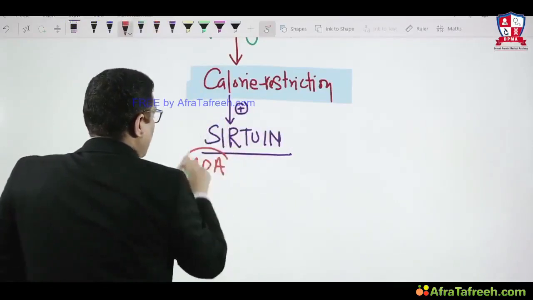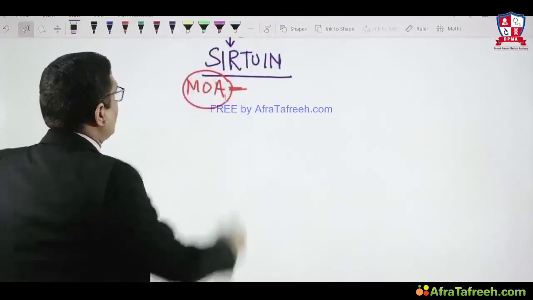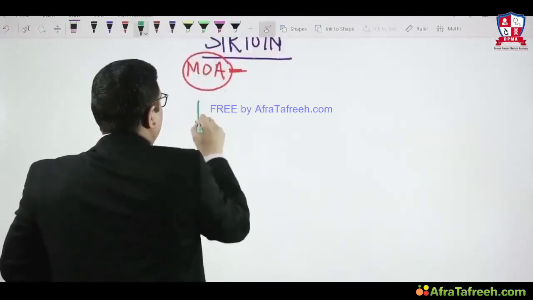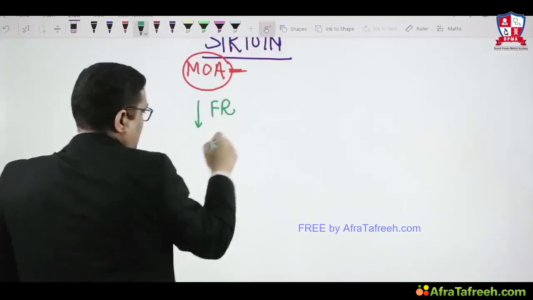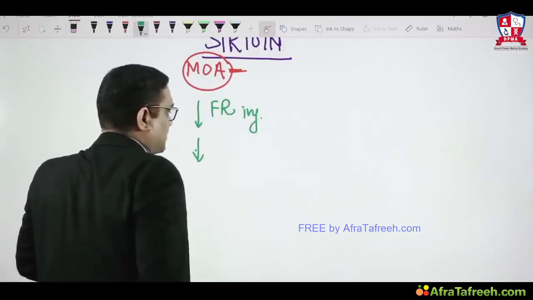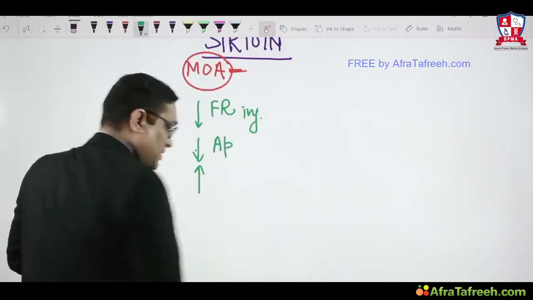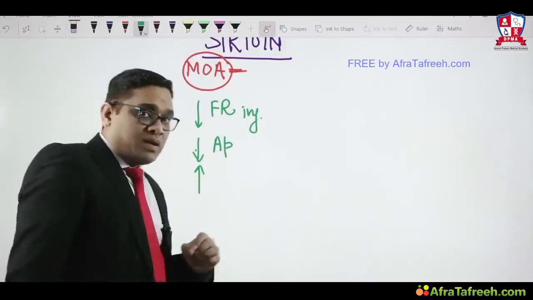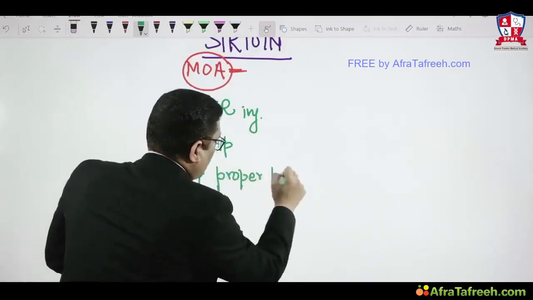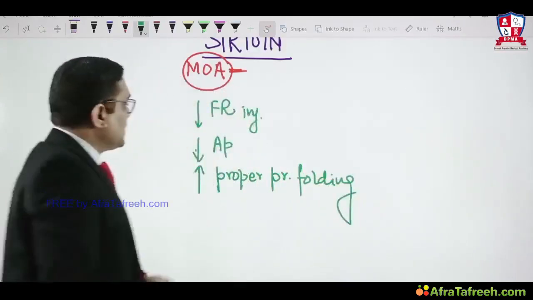This will be another important MCQ in the exam. How will sirtuin act? Sirtuin will act by decreasing free radical damage, by decreasing free radical injuries, by decreasing apoptosis, and by increasing proper protein folding, right?